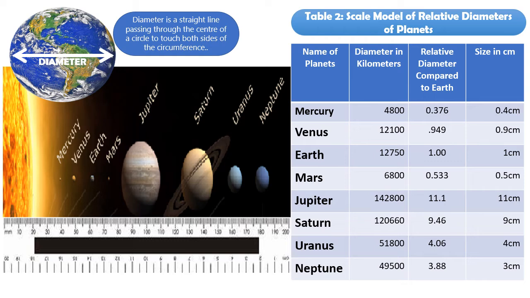So all the diameters of the planets are divided into the diameter of the Earth. So the relative diameter is the quotient, and the relative diameter is converted into centimeter. Tama ba yun, Roland?